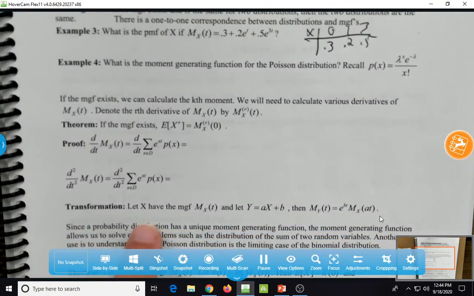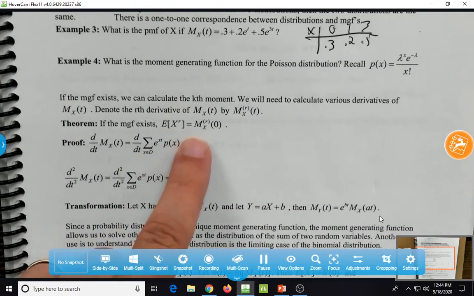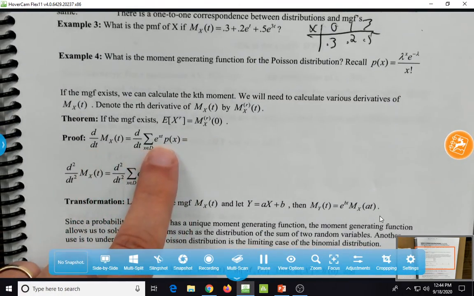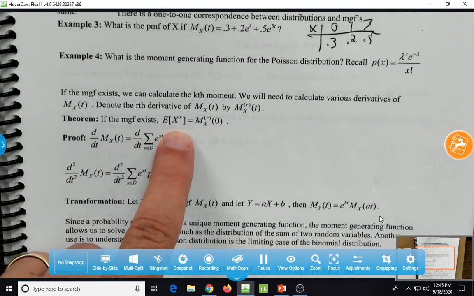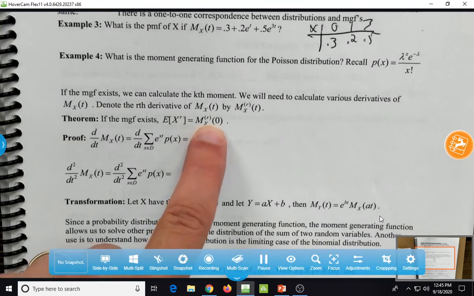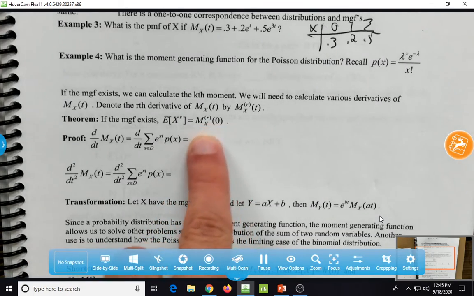Let's go back to our original problem. The first derivative of the moment generating function, evaluated at 0, gives the expected value.